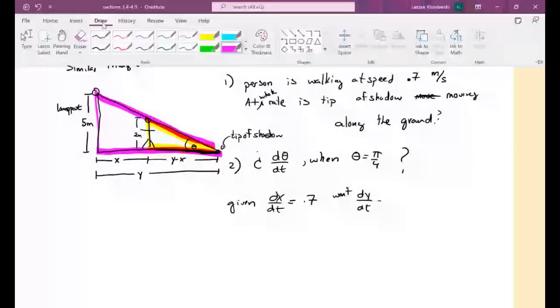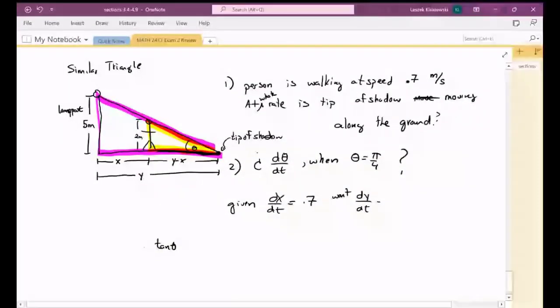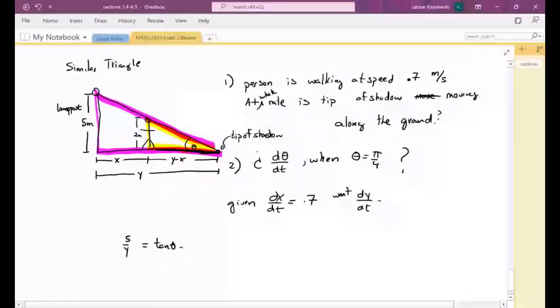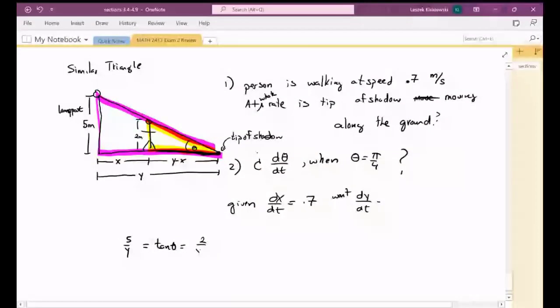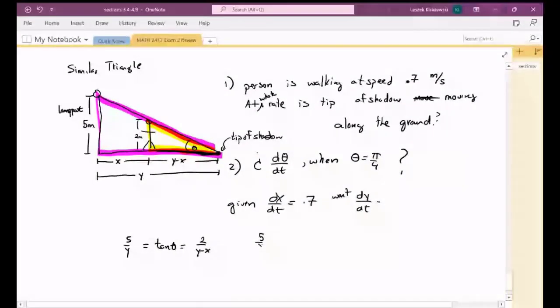So tangent of theta for the big pink triangle would be 5 over y. On the other hand, tangent of the same theta would be 2 over y minus x for the smaller yellow triangle. Or if you'd like, the ratio of the sides would be the same. There are lots of ways to think about that.